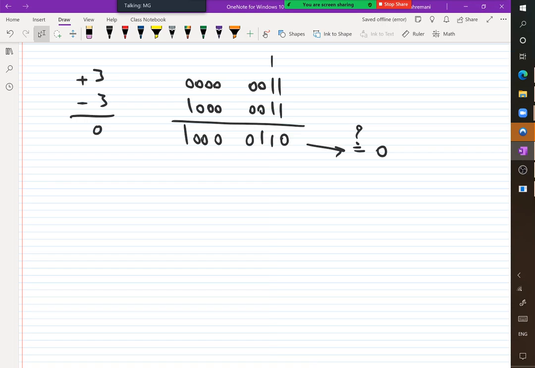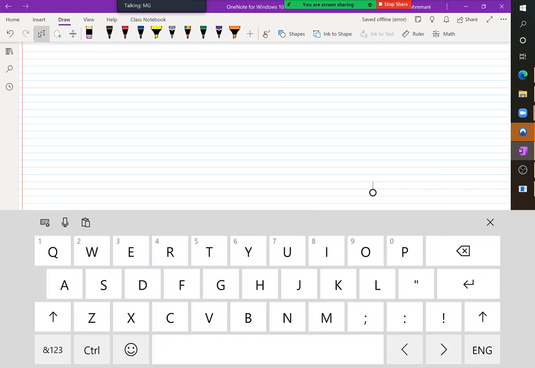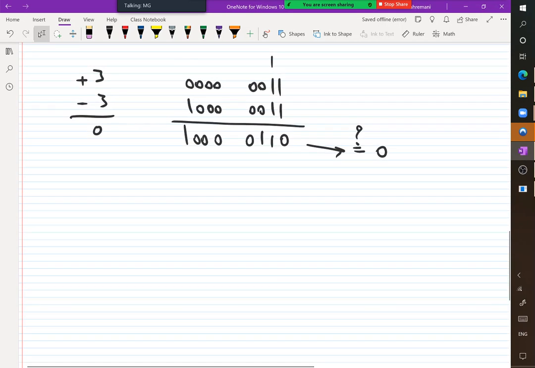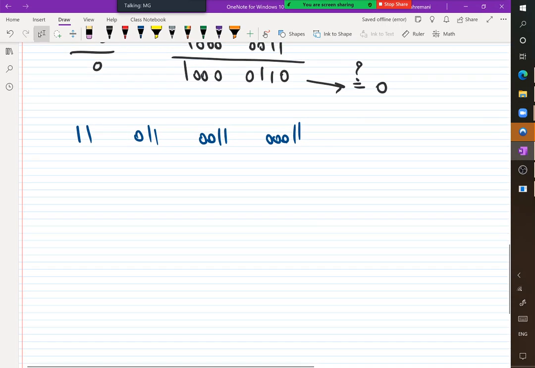Before I continue, let me tell you one thing. This one is 3 in base 2. This one is 3. This one is 3. No matter how many zeros we have on the left, the left zeros are ignored, so all of them have the value of 3.